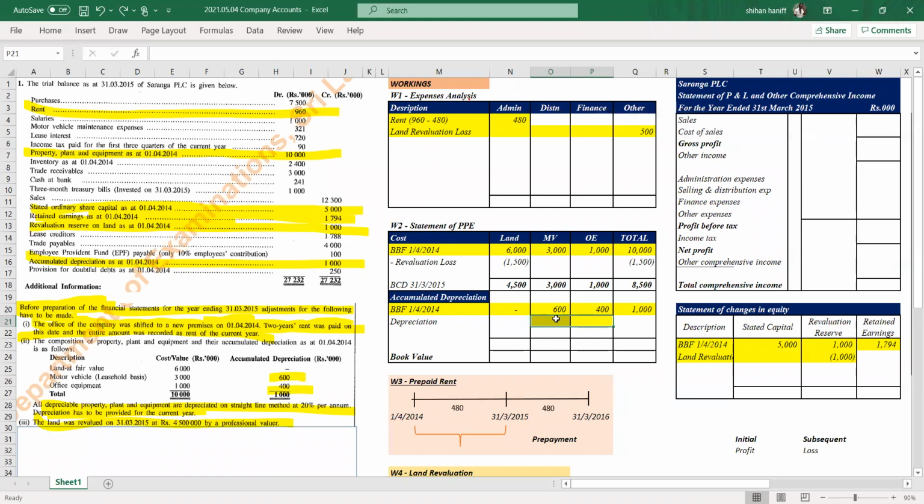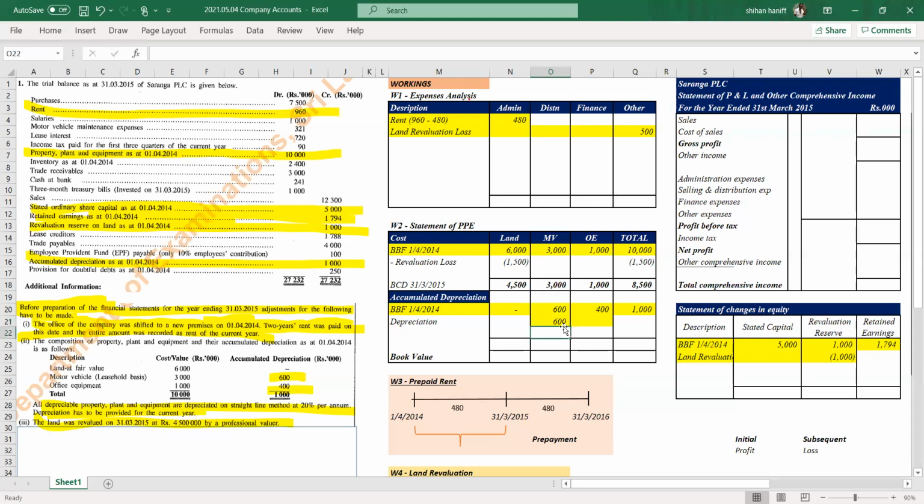We depreciate motor vehicle 20%, equipment 20%. Motor vehicle, how much? 600. In office equipment 200. Right, very good.